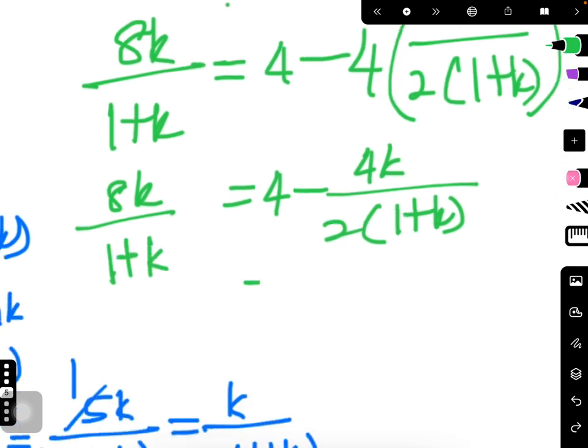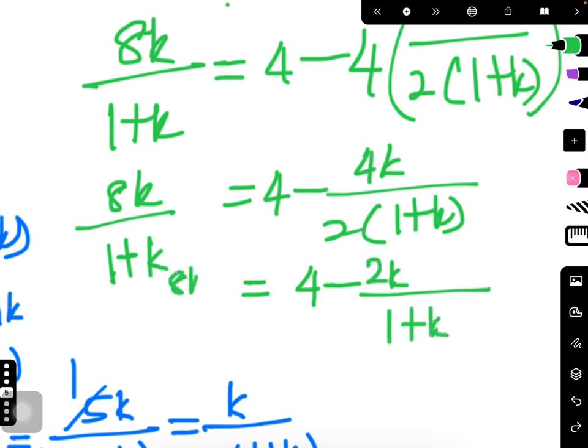Okay, so we get 4 minus 2k over 1 plus k.